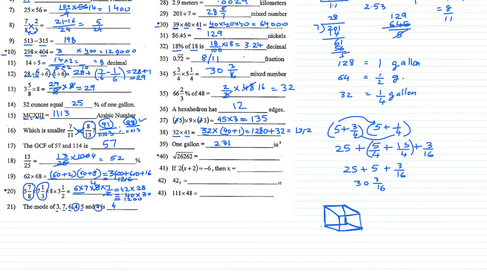Question number 40, square root of 26,262, and they are expecting an approximate answer over here.